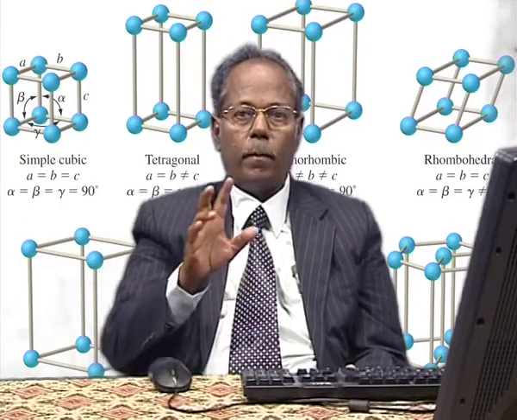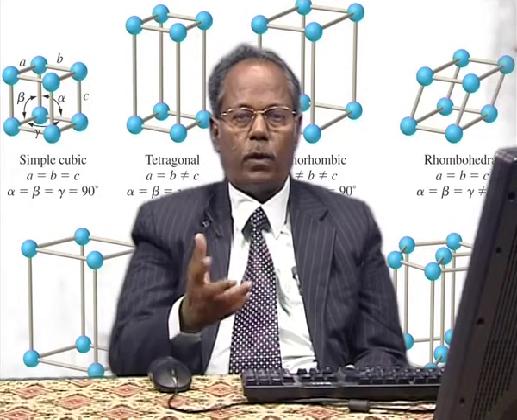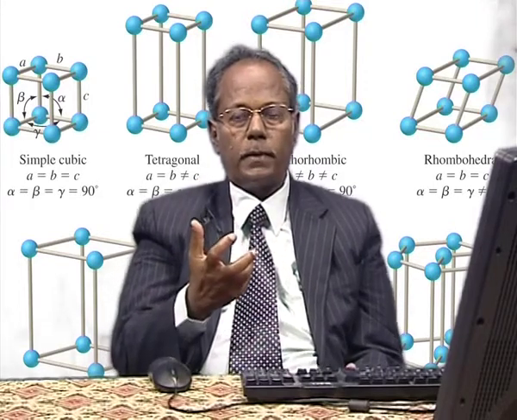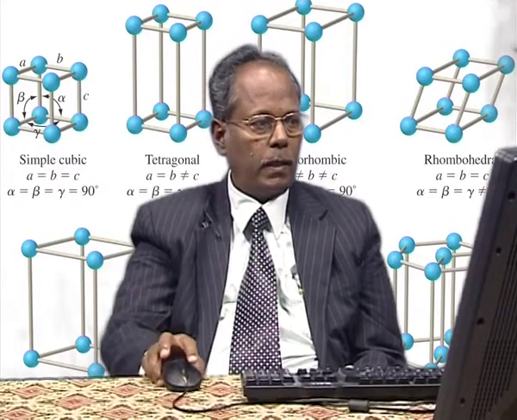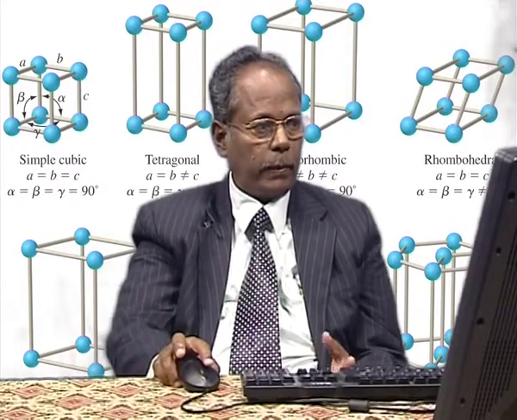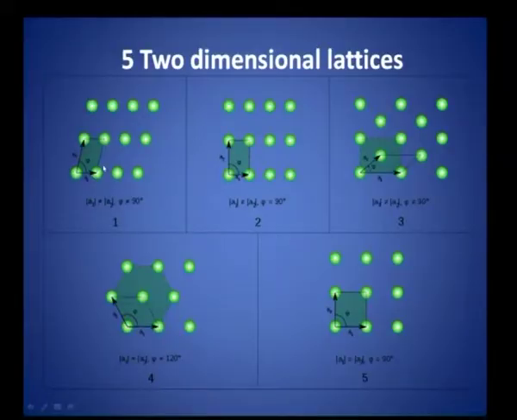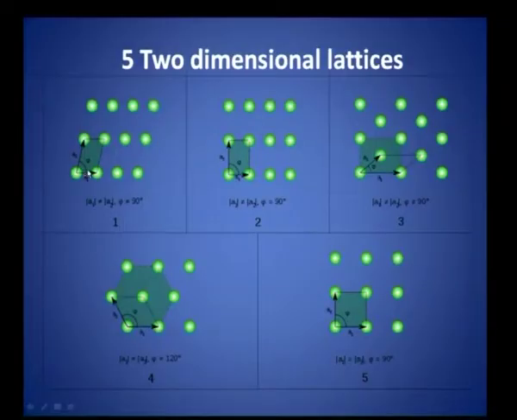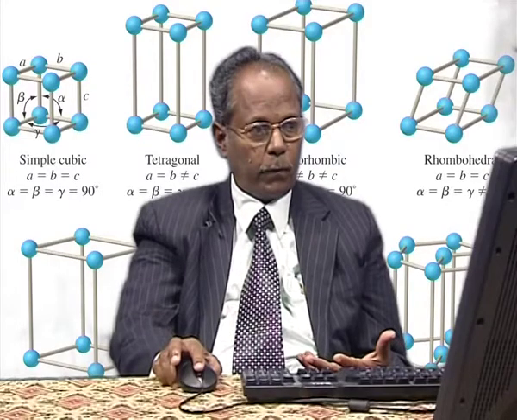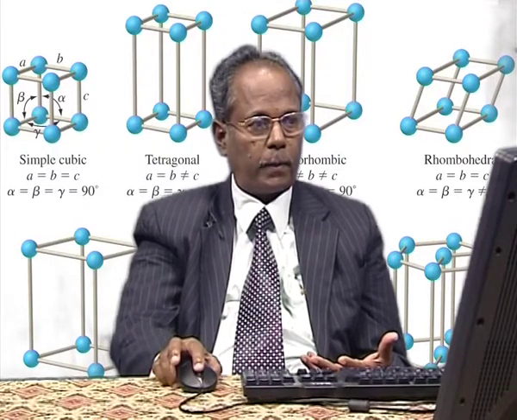So, from the discussions that we had so far, in 2 dimensions there will be 5 possible lattices, right. So, the magnitudes are given here, this is one lattice, this is a unit cell. We have to find out how many lattice types are there in 3 dimensions.